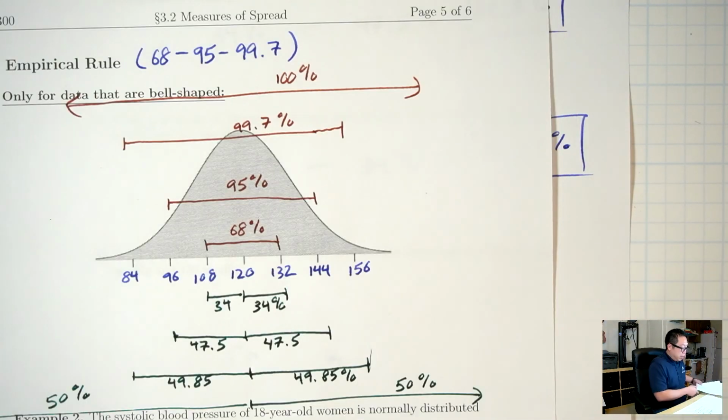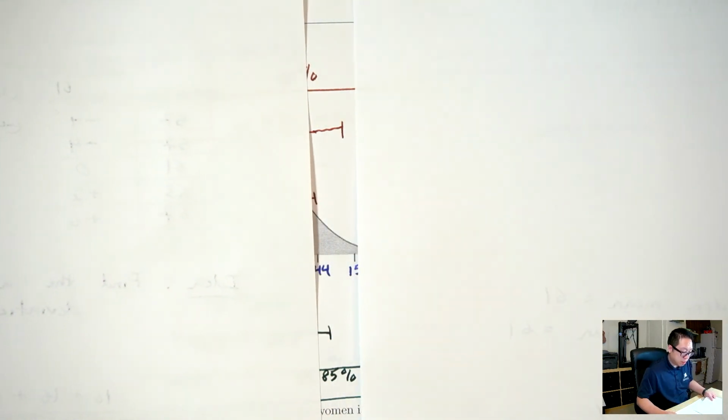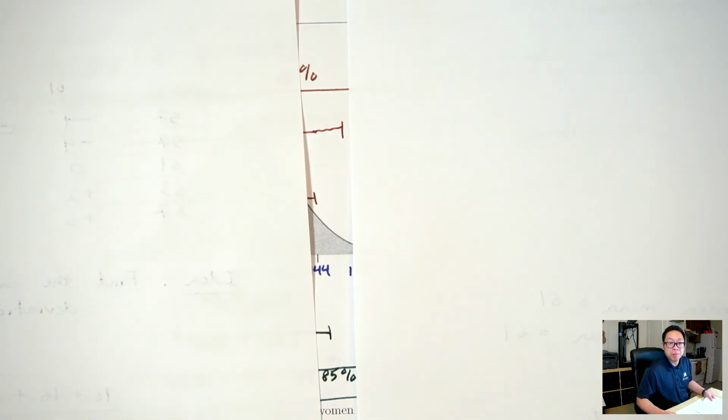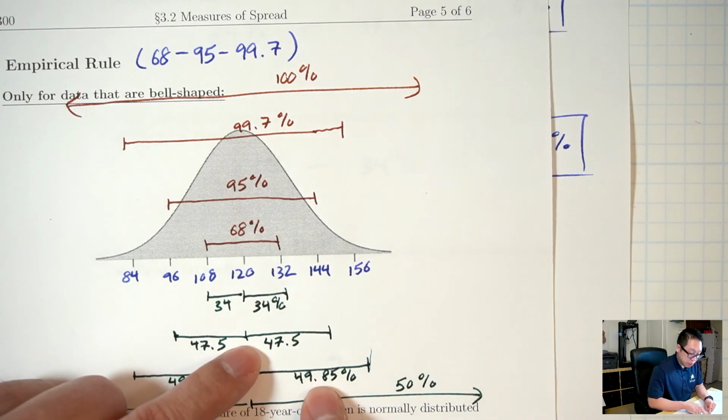But also think about it, 144 to 156, that's a really small piece. Definitely I should be subtracting, because I'm expecting a really small answer. If we added those, you'd get like 90-something percent. Definitely wrong.